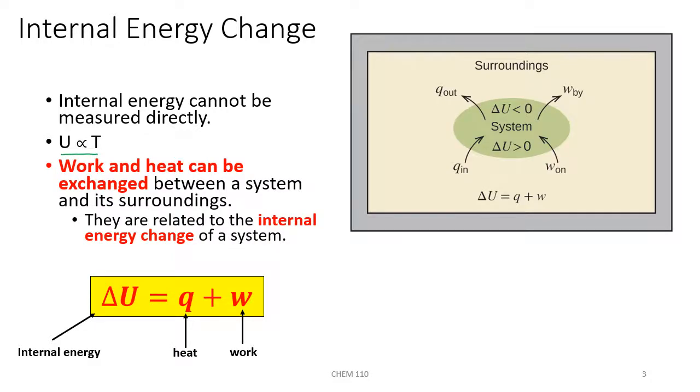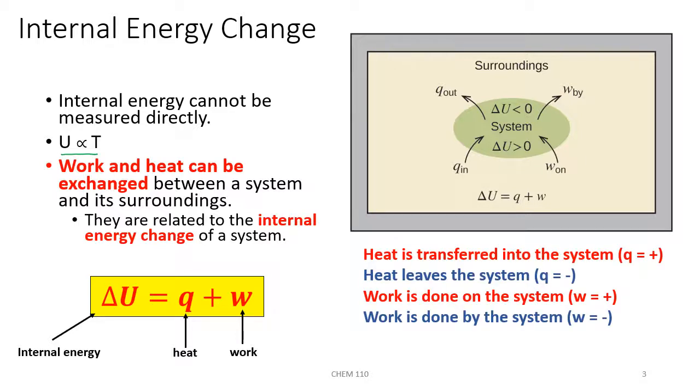There are a few different signs we'll see, and they're just telling us the direction of flow for heat and work. If heat is transferred into the system from the surroundings, so Q going in, that would mean we would have a positive value for our heat. If heat is leaving the system and going out to the surroundings, the Q value would be negative.